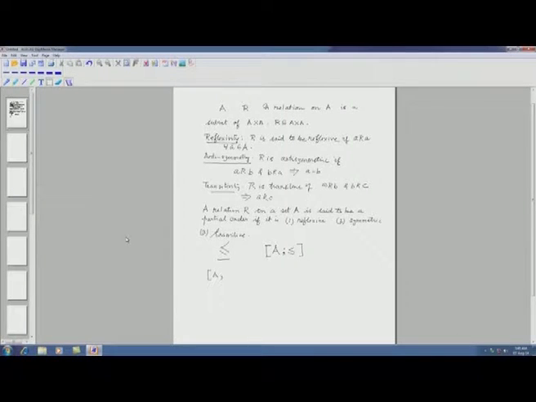So, if I say that I am considering A semicolon less than or equal to symbol, then this means that A is a partially ordered set with respect to the partial order denoted by the less than or equal to symbol.